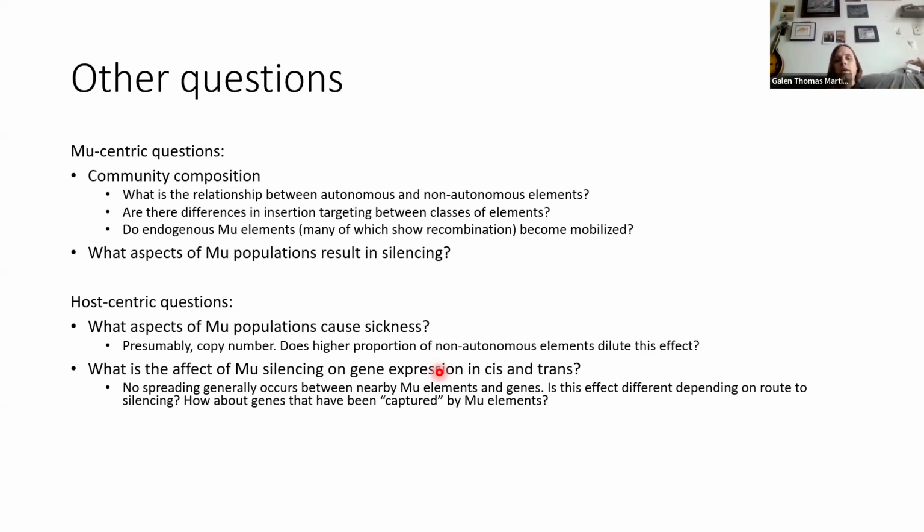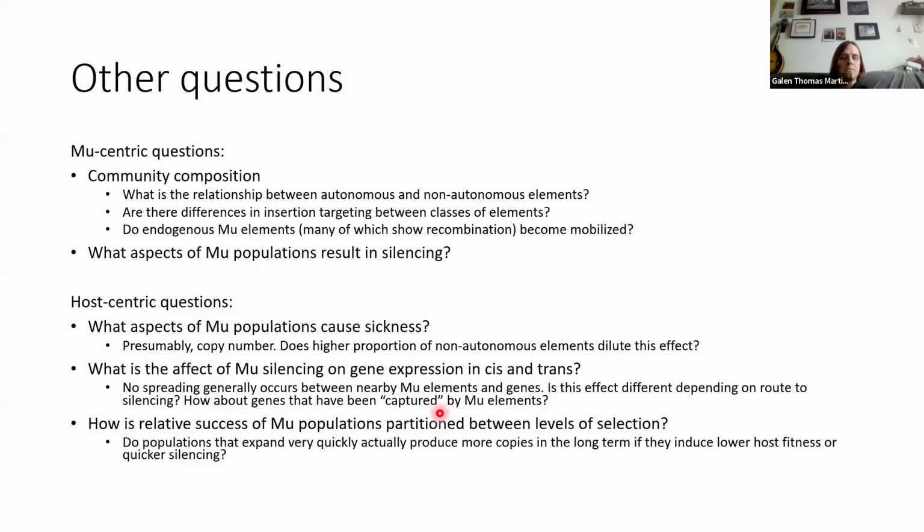But here we can actually look at that as a function of copy number of the mu elements, and see if there's any effect on expression of those donor genes based on the abundance of their capturing mu elements.